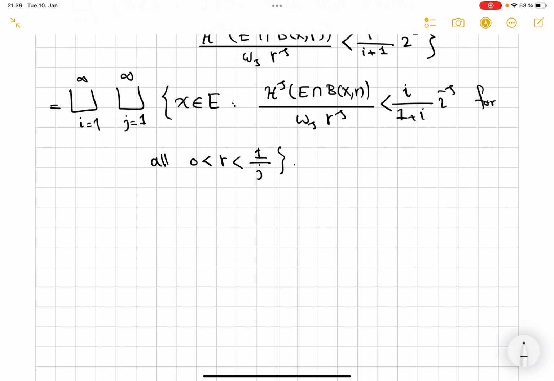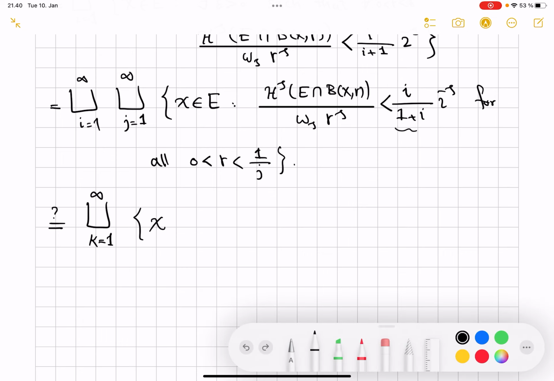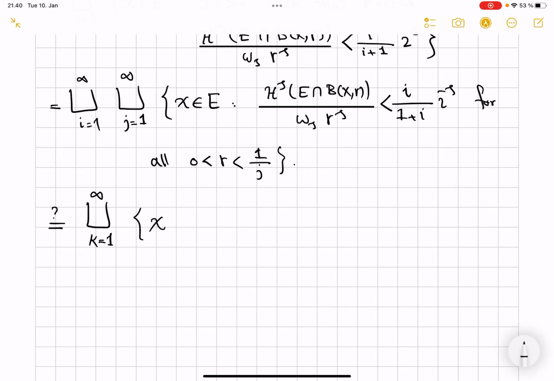Now here, this is not super difficult, but you can combine them into just one union. You can take i equal to j. This needs a little bit of thinking. This is because when i goes up, this actually becomes an easier estimate to have. So if this holds for some i, it will hold for the larger i as well. And that means once you make this delta, this j, work for some x, you can chase with i to get it larger than j.